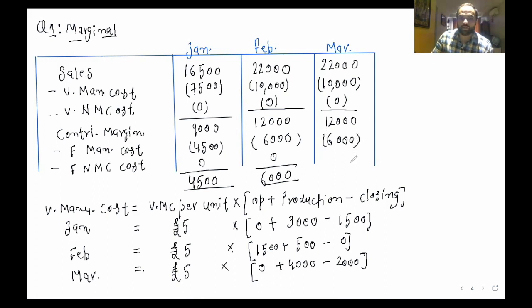And fixed non-manufacturing is 0. So this is 6,000. This is your 6,000 profit for the month of March. So that's your January, February, and March profit for your marginal costing. All right.